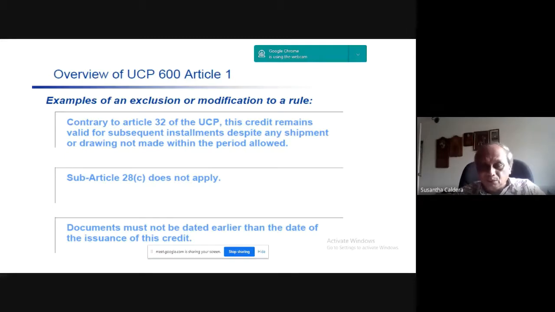But if you want to put a modification, specifically, you can say documents must not be dated earlier than the date of the issuance of this credit. Right?